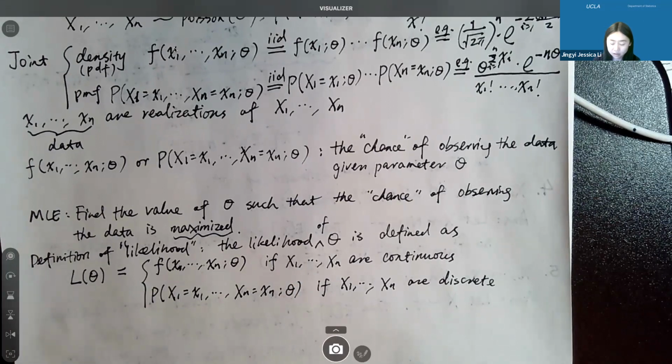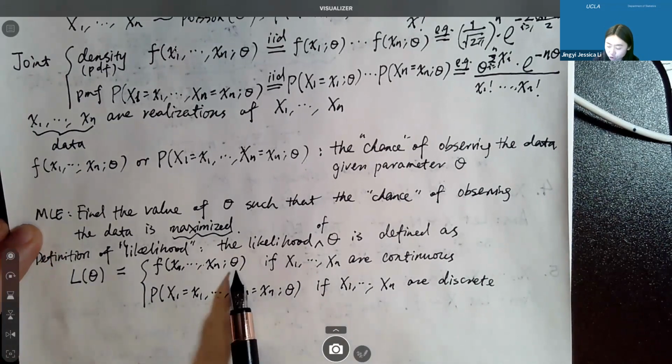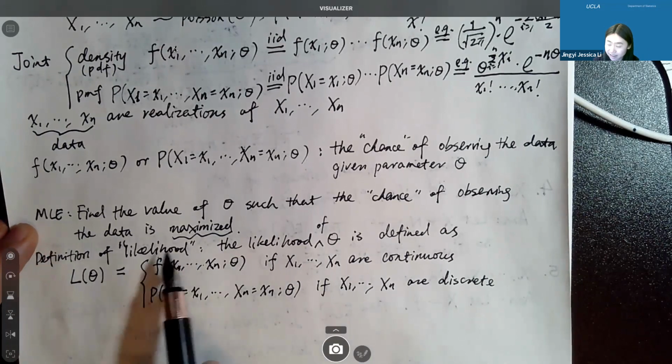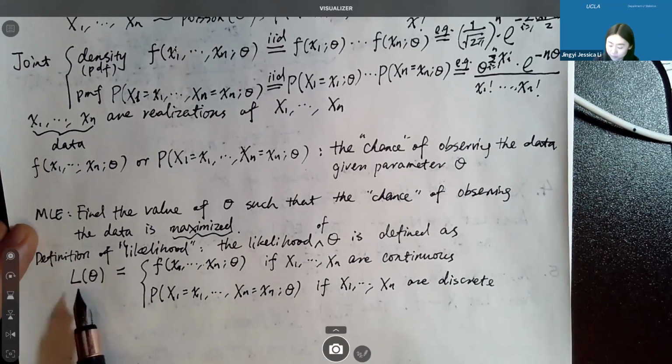Okay, so now you see that the MLE goal, to find the theta value that maximizes the joint density, is the same as finding the theta that maximizes the likelihood. That's the definition.